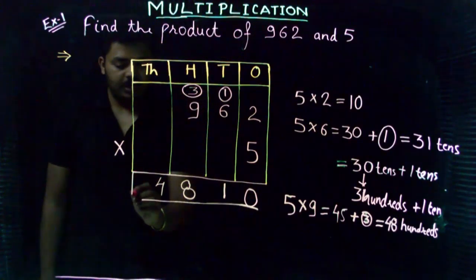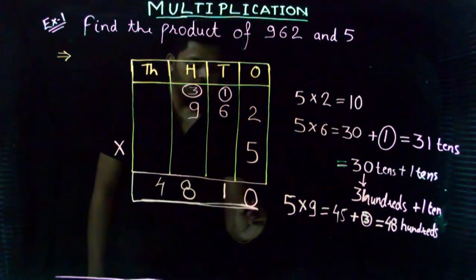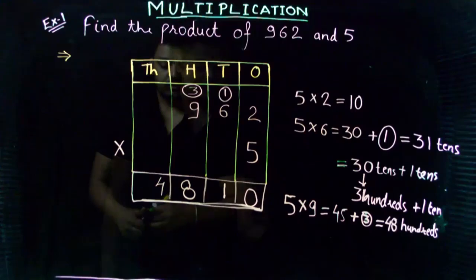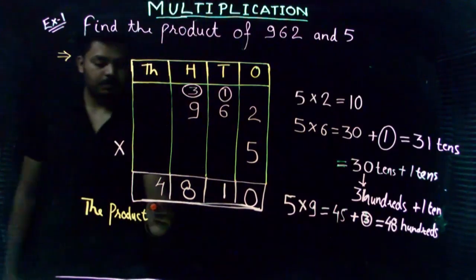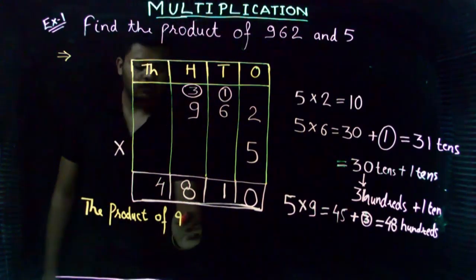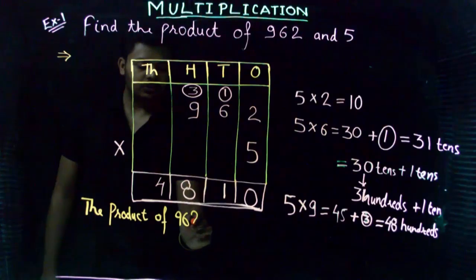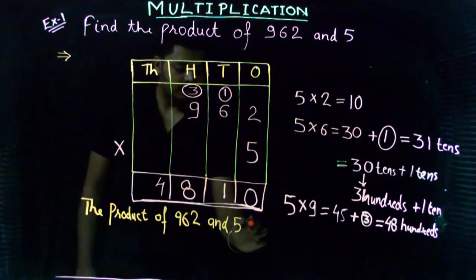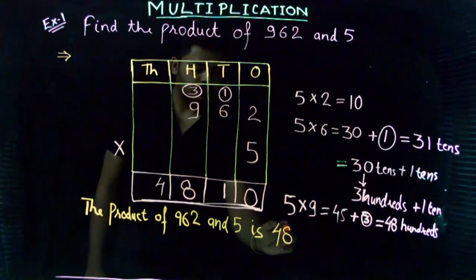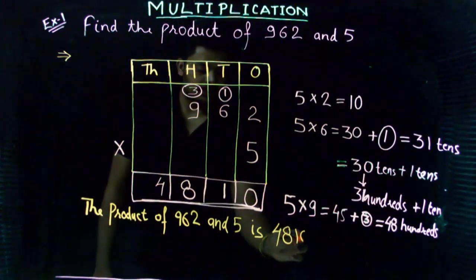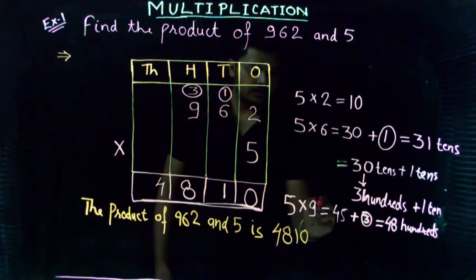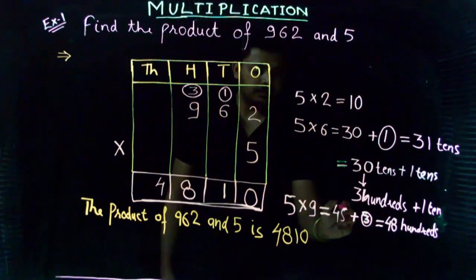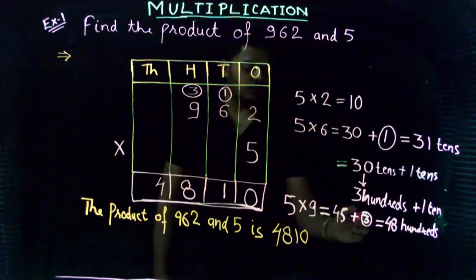So our product is 4810. So students, the product of 962 and 5 is 4810. I hope it is clear how we can find the product of two numbers.